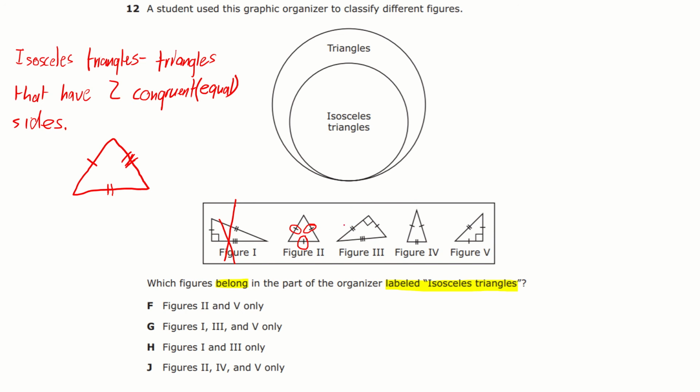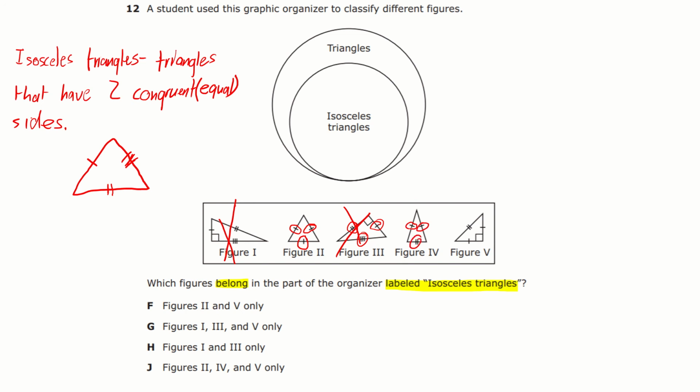Alright, so for figure 3, you can see one tick mark here, two tick marks here, and three tick marks here. And this means that all three sides have different lengths, so we can cross that off. For figure 4, we see this side has one tick mark, this side has one tick mark, and this side has two tick marks.